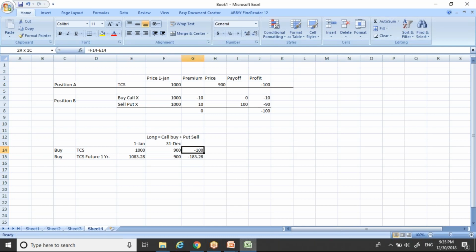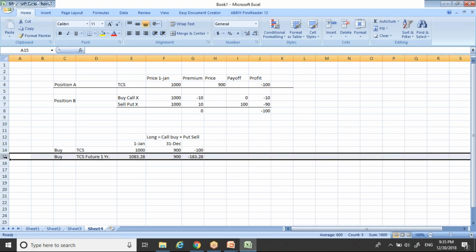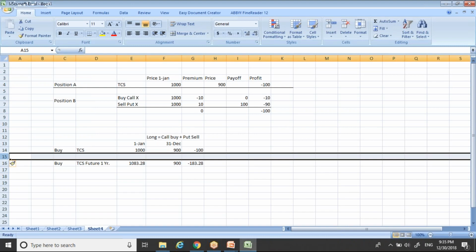So these are not the same. So these are not synthetic. So the return has to be the same. So for that, what I'll do is I'll create a synthetic.